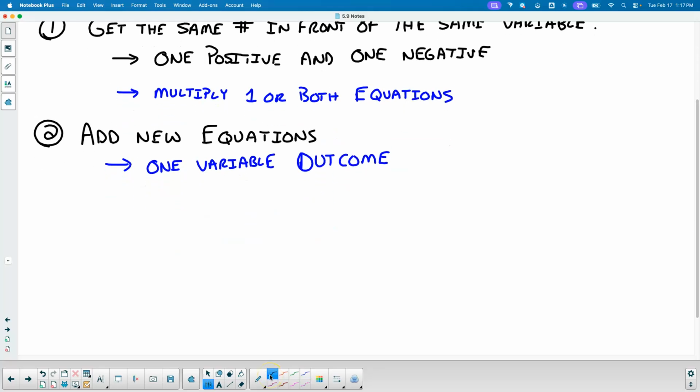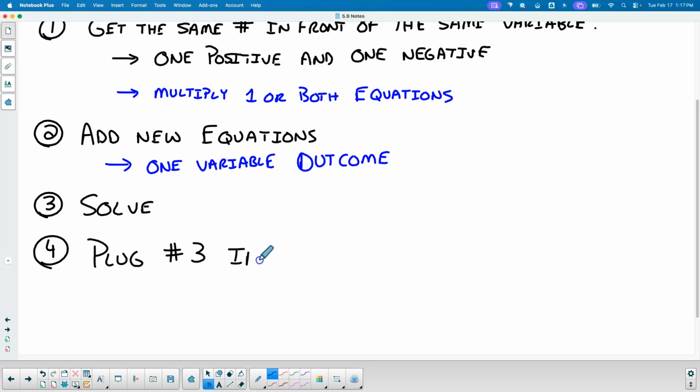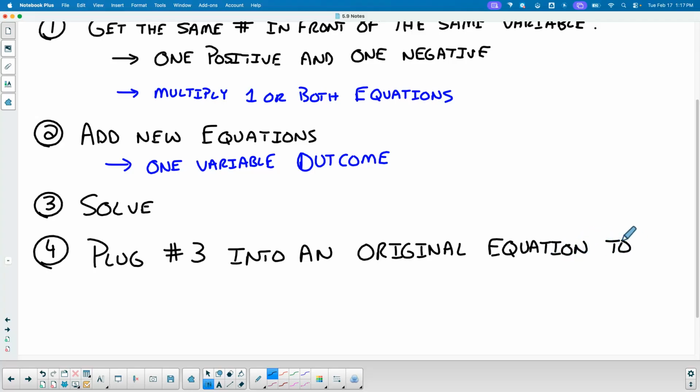Then in step number 3, we solve that. So now we've got half of our answer. In step 4, we plug what we got in step 3 into an original equation to get the other variable.